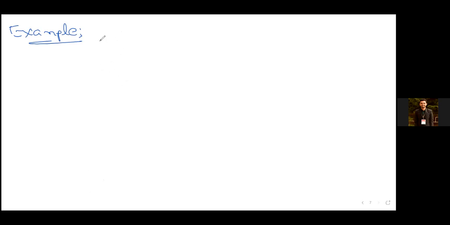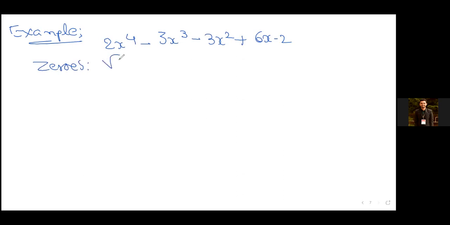That is, find the zeros of the polynomial 2x to the power 4 minus 3x cube minus 3x square plus 6x minus 2, and they have given only two zeros, root 2 and minus root 2.